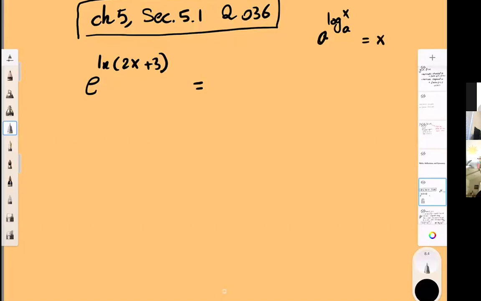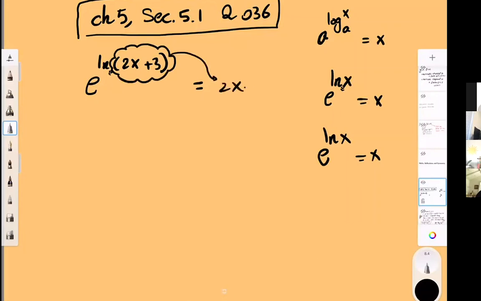The same thing holds for ln. ln has a base e, an invisible e here. So e to the power ln of x, the answer is x. So whatever is here will go there: 2x plus 3.